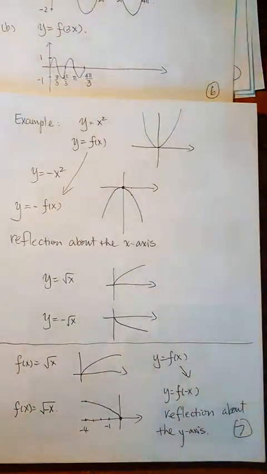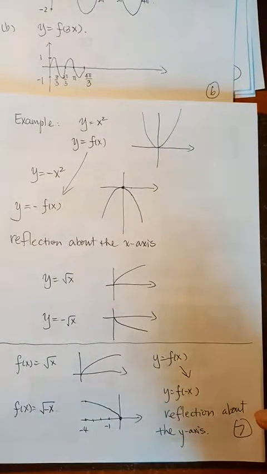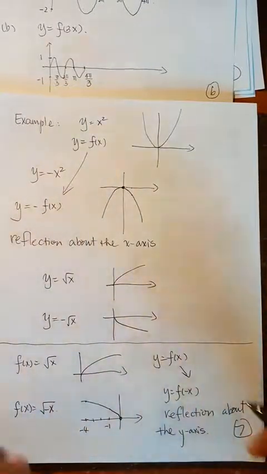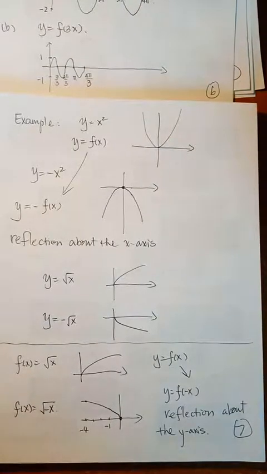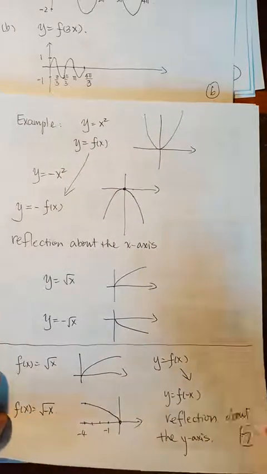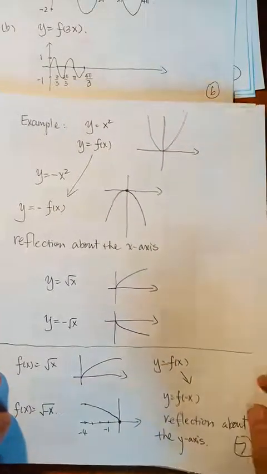So all the previous discussions were about the positive stuff. So positive h, positive a, everything is positive. Now you have negative. Negative is a reflection. Positive is a stretch or compression and a shift. Okay, so there is a complete summary about this transformation.